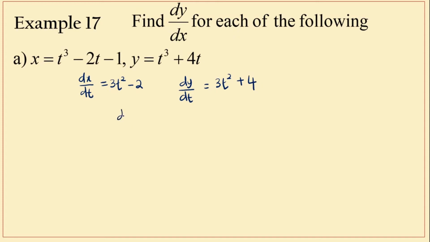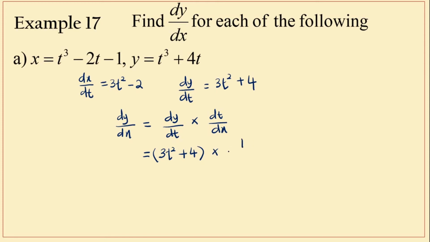In order to find dy/dx based on the chain rule, this would be equal to dy over dt times dt over dx. For dy over dt, directly substitute our derivative from before, so we will have 3t squared plus 4 here. And for dt over dx, you just have to flip your dx over dt equation.